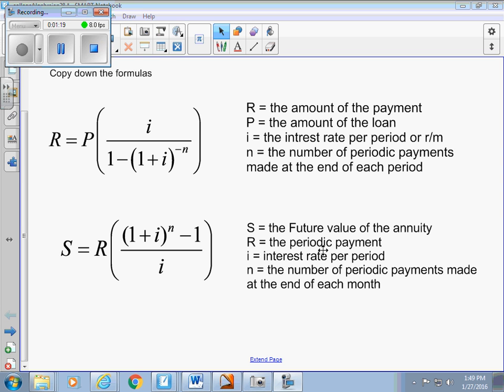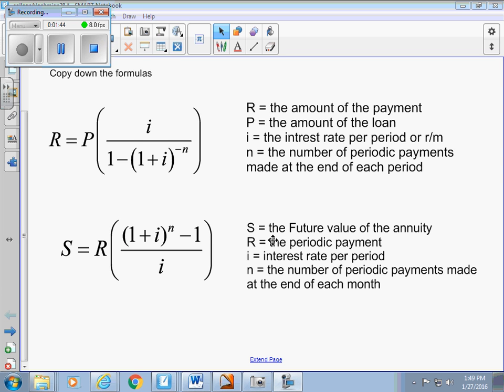And, okay, this formula is a similar formula. It's a future value formula. So this is loan repayment. Future value formula, it's for retirement savings or if you're putting money into an account, making periodic payments. Like for retirement, you don't throw $1,000 in a retirement account and then let it sit for the next 40 years.